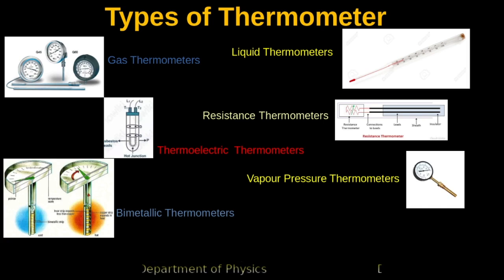A bimetallic strip is taken in the form of a spiral. Its one end is fixed and the other end is attached to a long pointer. The pointer moves on a scale calibrated in degrees. These thermometers are used in meteorology for recording the change in temperature during the day. They are also used to measure temperatures at high altitudes.